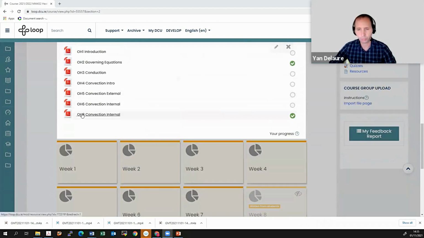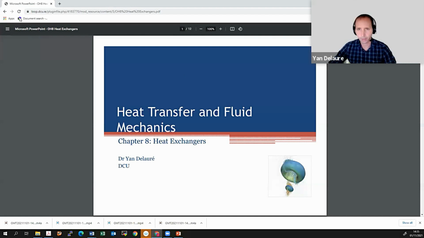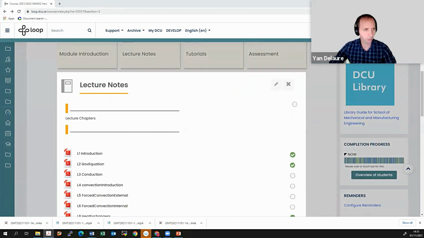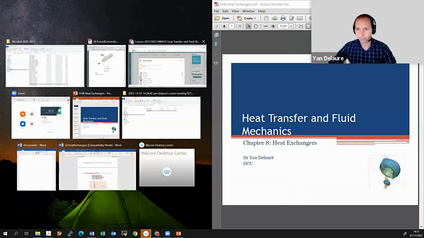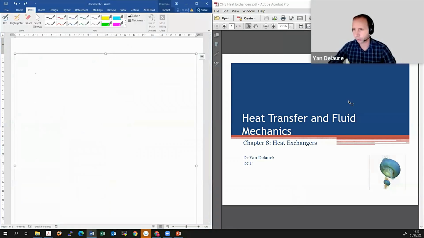And you scroll down to the very bottom and you'll see that I've added one set of overheads. So you should open these. And instead of using the web interface, I'm going to open up the PDF. Okay, so this is the document I was referring to.